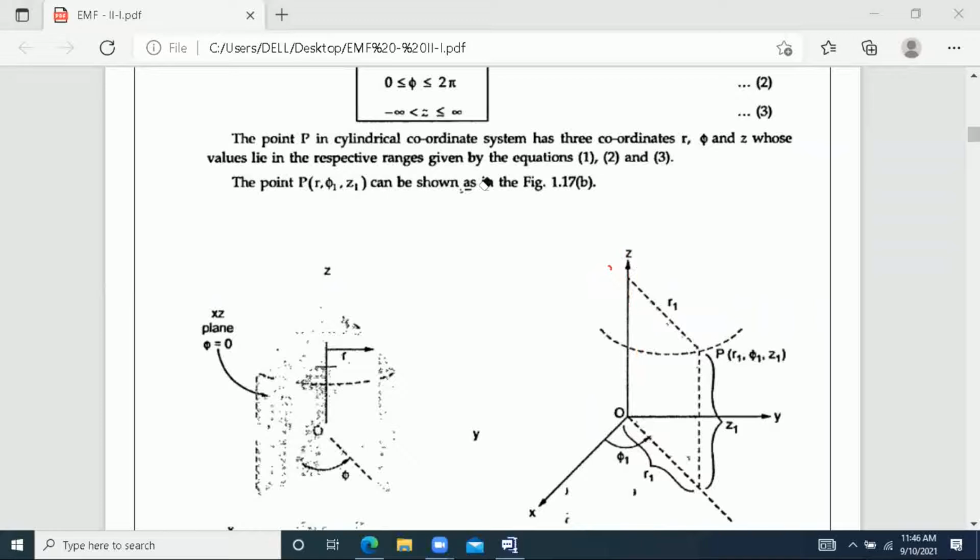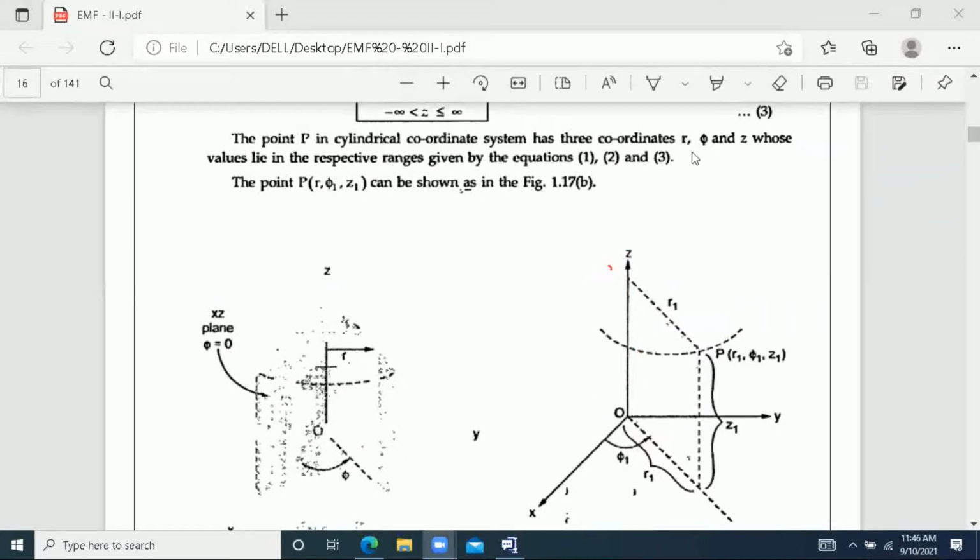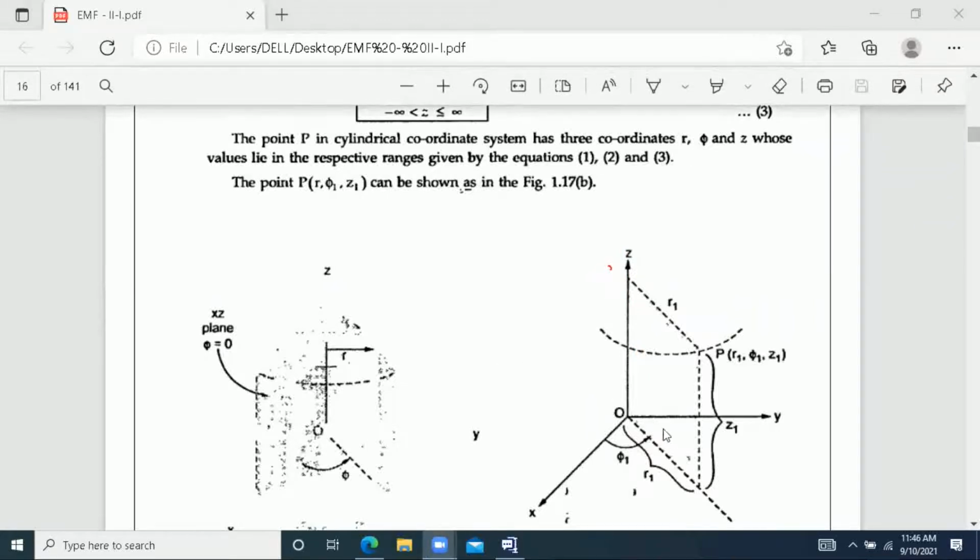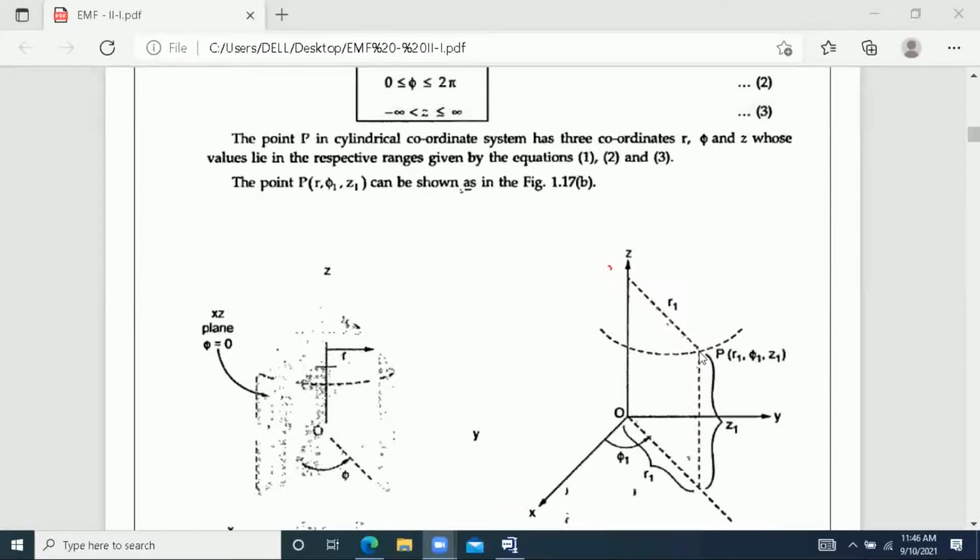All right. So you're going to define a point here at P. So hear me now. A point P, I don't even have to tell you, that is the cylindrical coordinate system.